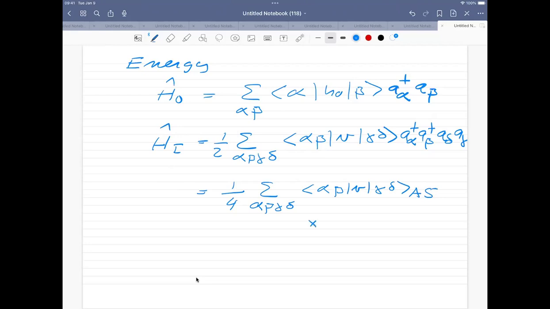And this is multiplied with A alpha, A beta dagger, A delta, A gamma. So in many cases, people skip the subscript AS and simply just assume that when you have this factor 1 divided by 4, that this is you implementing an anti-symmetrized matrix. So these were just derivations which you can also look up in the lecture notes from last week.